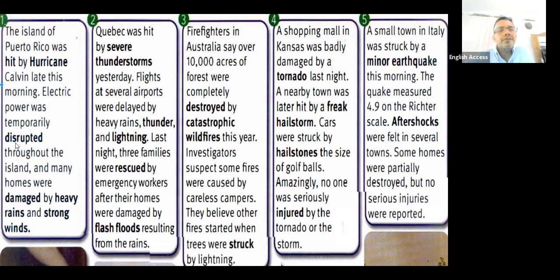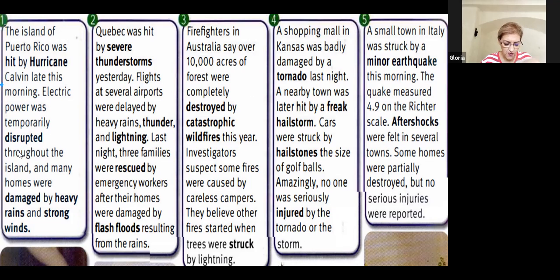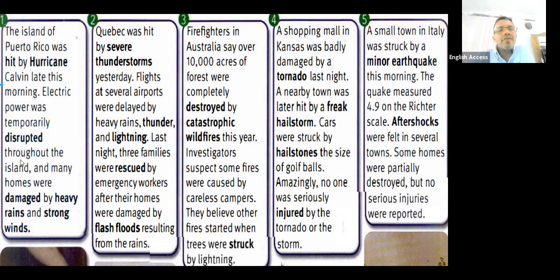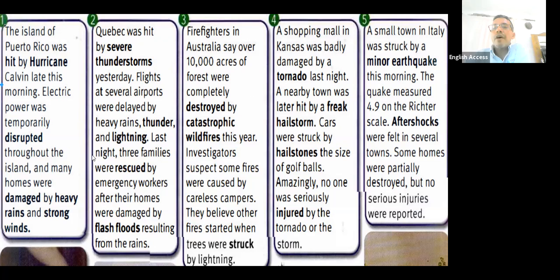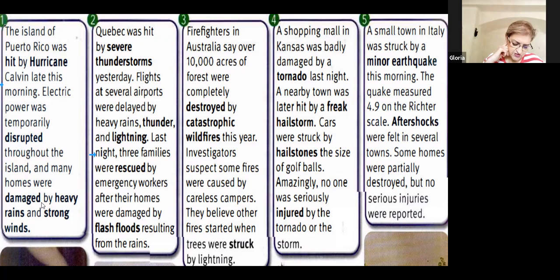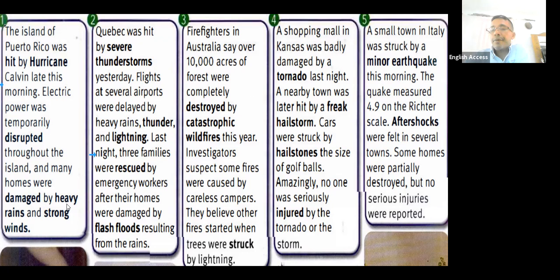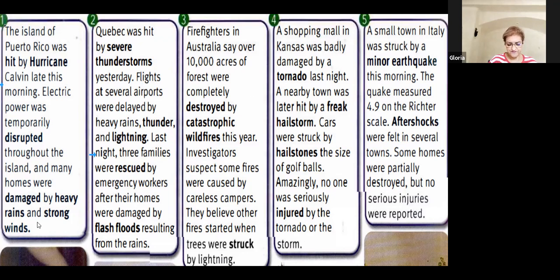Disrupted. Okay, thank you. Throughout. Damaged. You have heavy rains. It's like one sound. Heavy rains, heavy is an adjective. And strong winds. Strong wind. Okay, thank you.